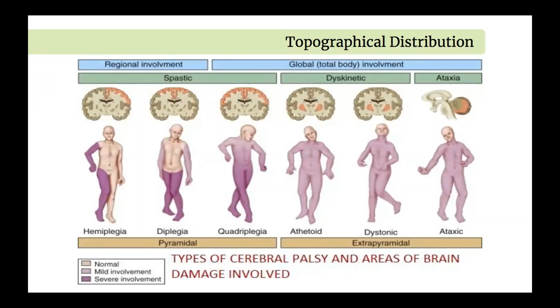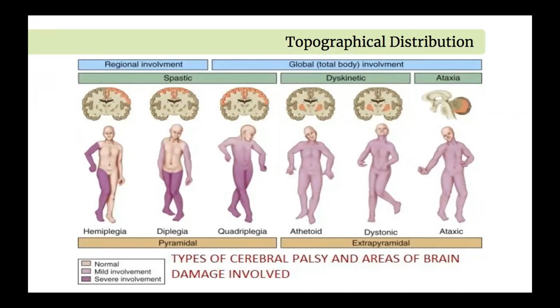So just now you used the GMFCS kan? There are three functional classifications of CP. You can have GMFCS, you can have MACS, and also CFCS.